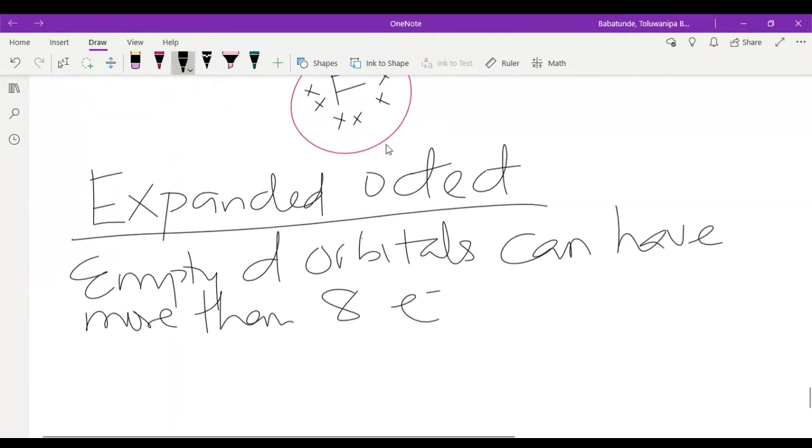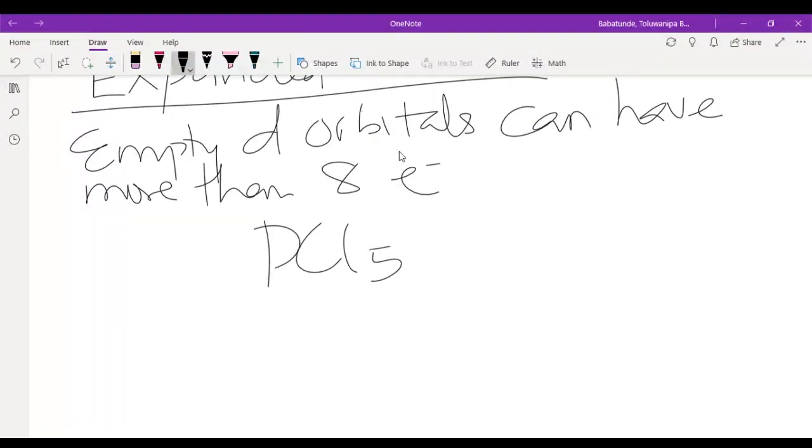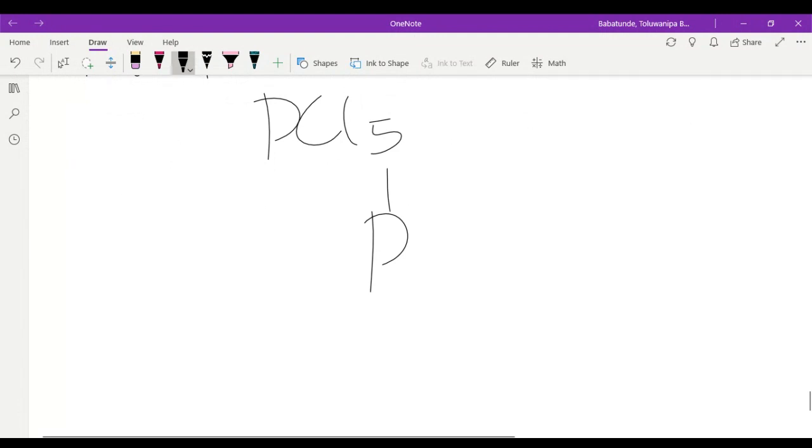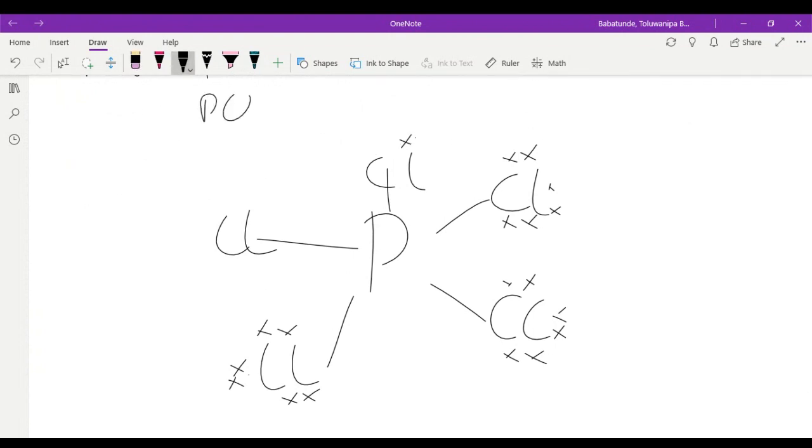For example, in our PCl5, the phosphorus has 1, 2, 3, 4, and 5. Our Cl is going to be that, and that, with 6 here, 6 here. By the time you use all the rules, it's going to give you that.